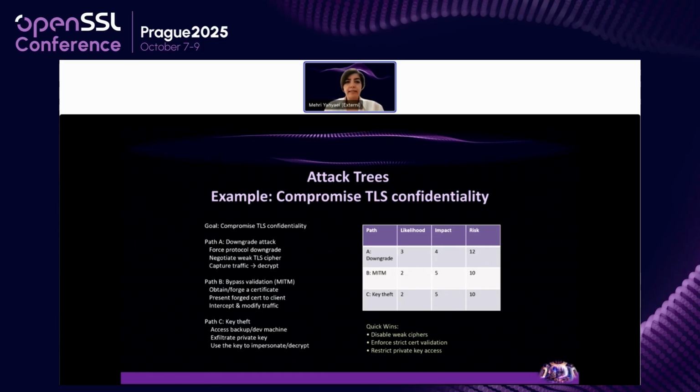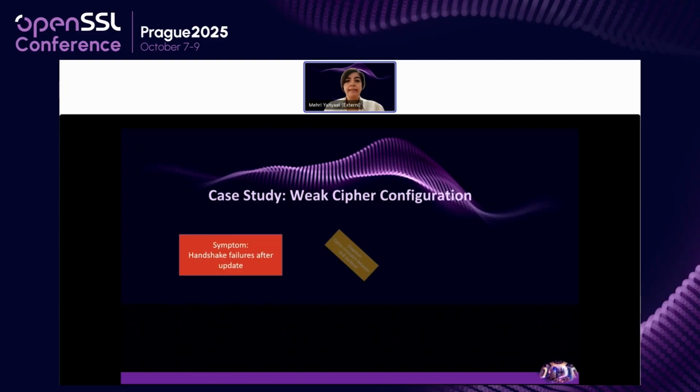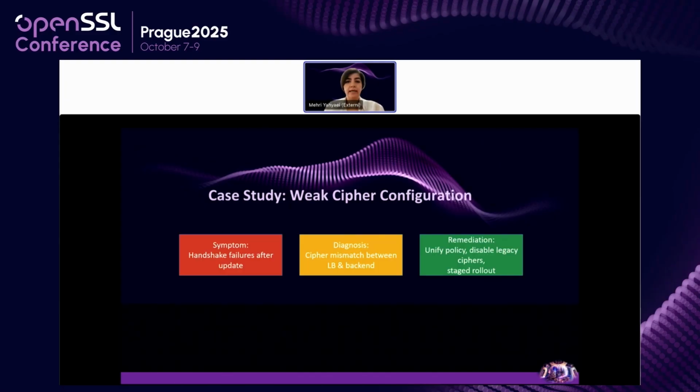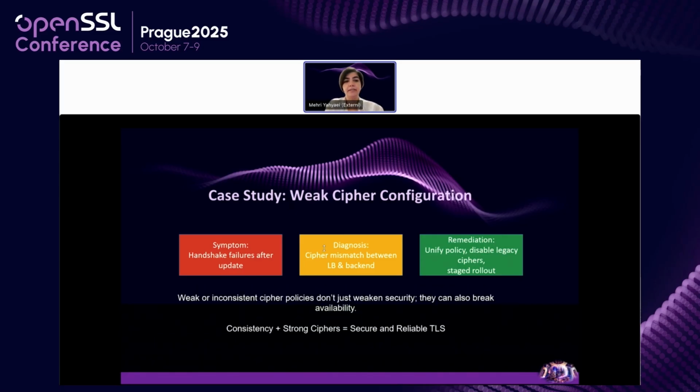The next one is a case study that happened as a result of weak cipher configurations. Here, let's look at a real world case. A system experienced a handshake failure after an update.